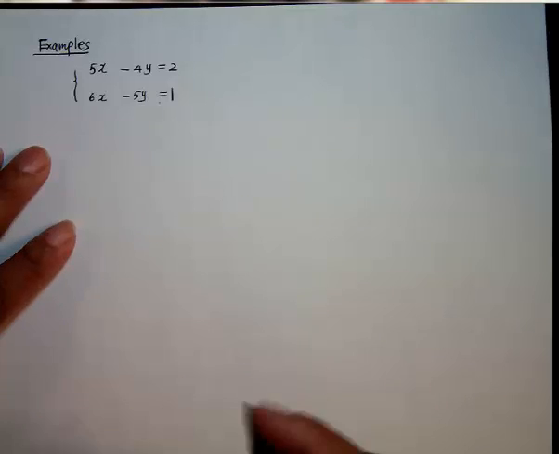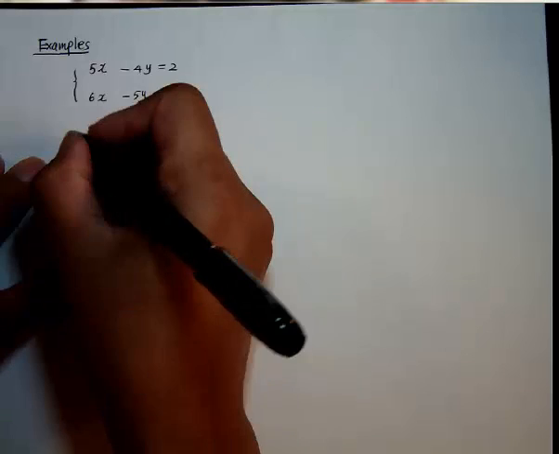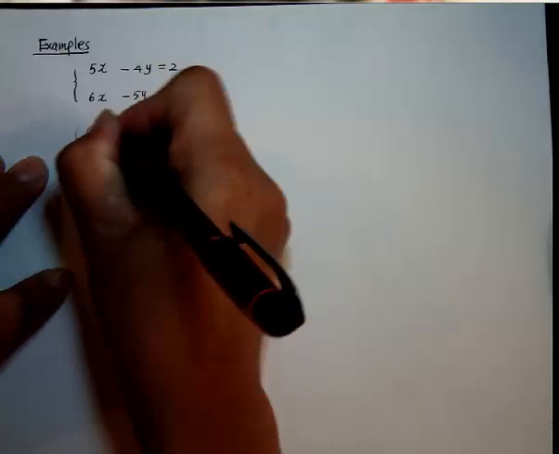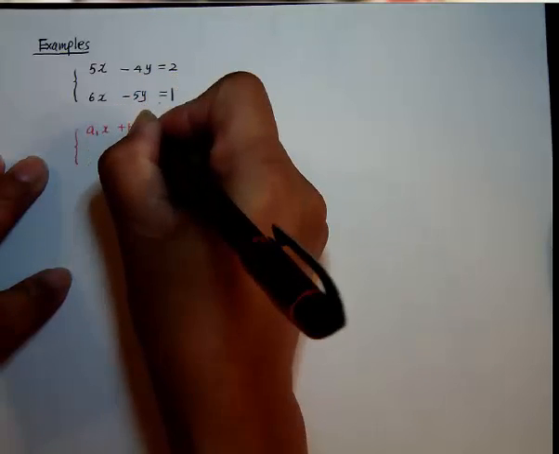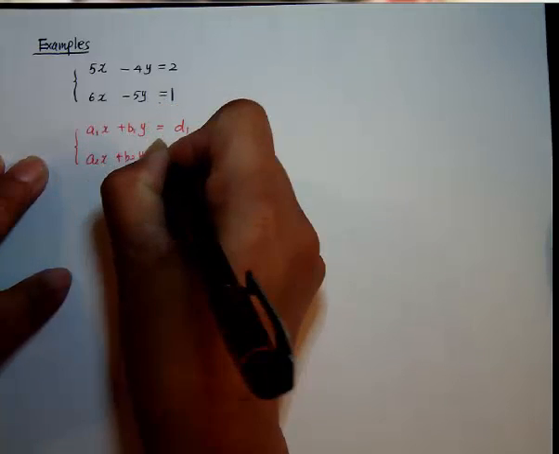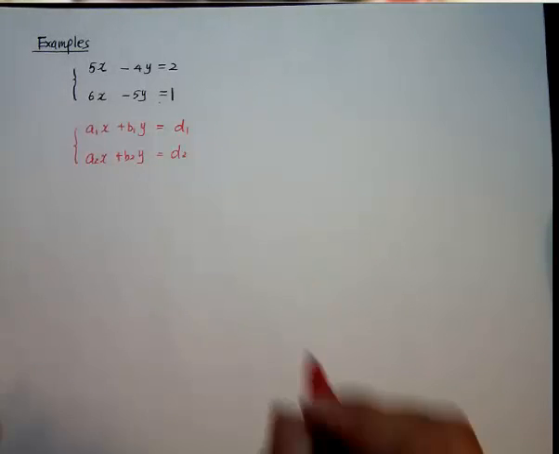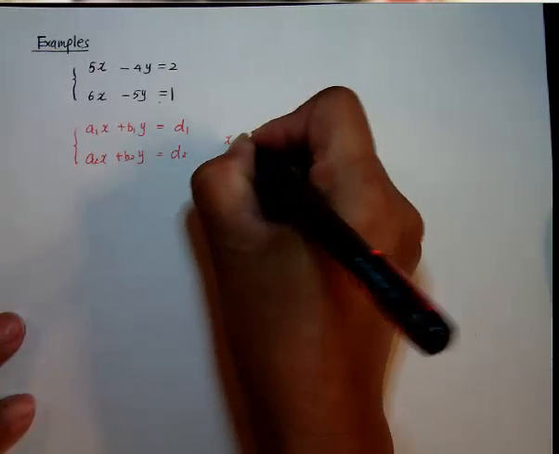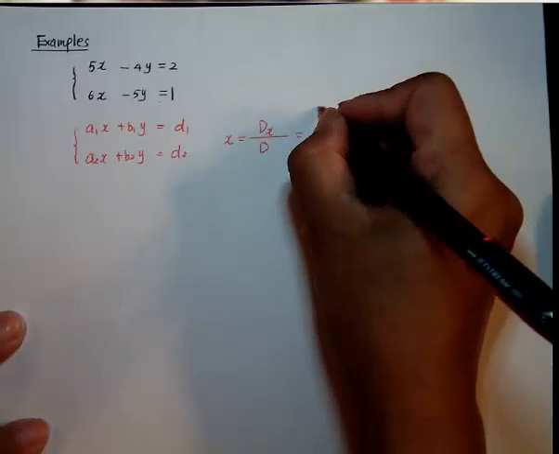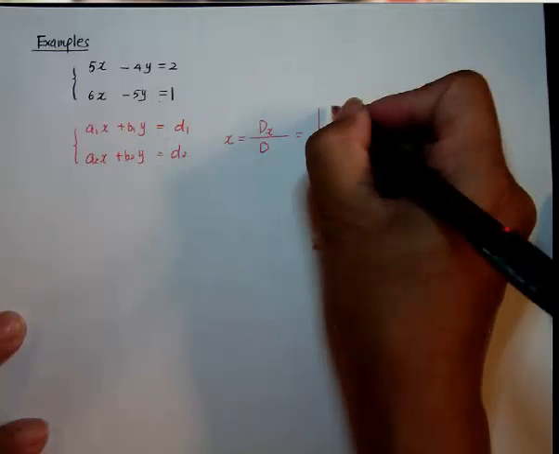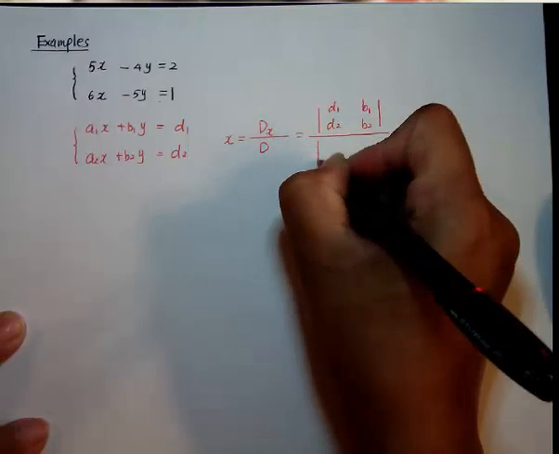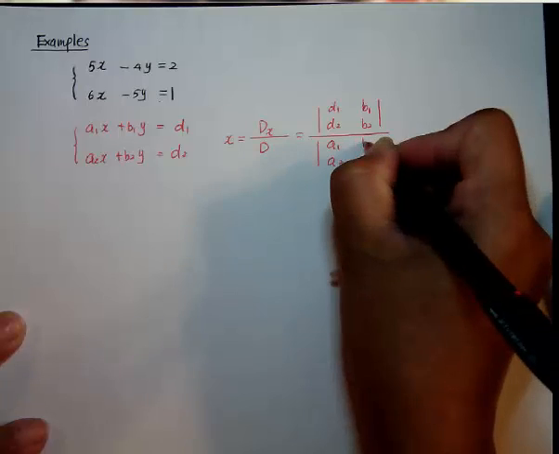From the above, we know that, let me write it in a shortcut. Again, let's recall the rule we had before. If we have a1 x plus b1 y equals d1, a2 x plus b2 y equals d2, we find x is equal to Dx over D, the determinant of x, which replaces the x column by d1, d2, b1, b2, and D is a1, a2, b1, b2.